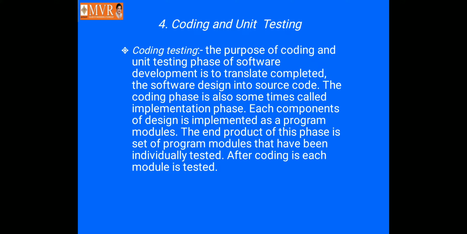Based on the requirements in the SRS document specifications, we start the coding, and for each module we generate the code. That module we can call a unit. Each and every individual module we then go for testing.